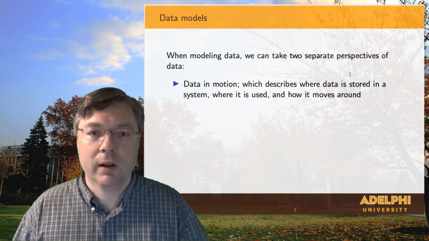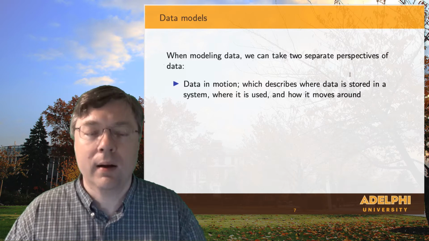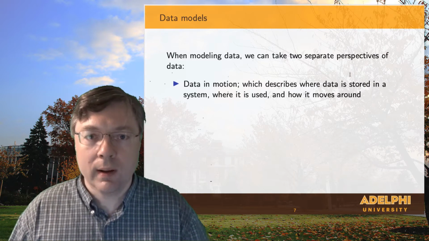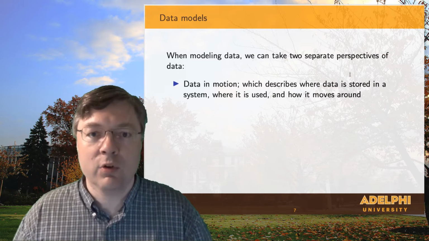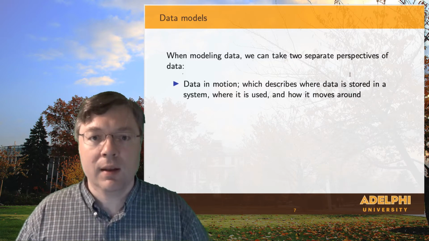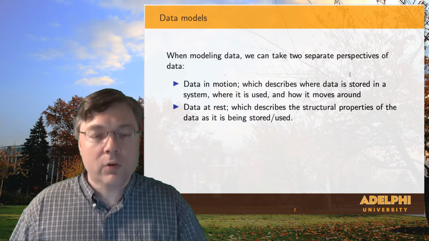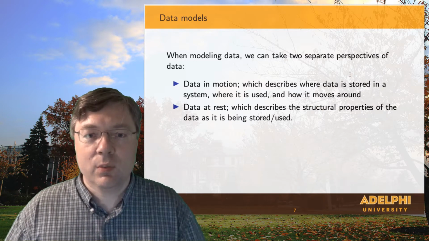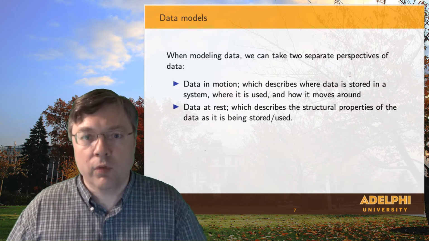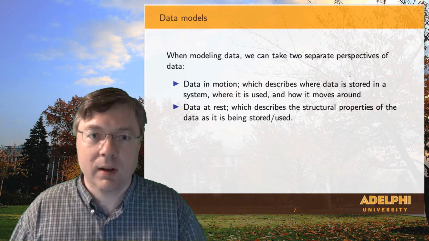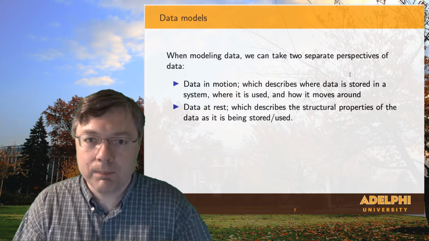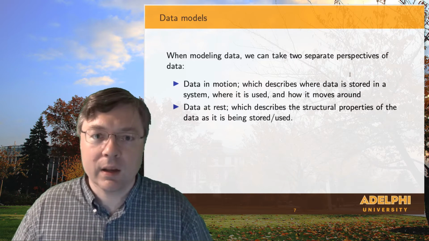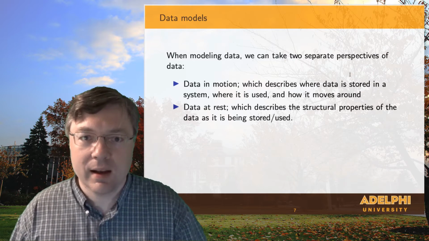And we want to make sure that we know exactly where the data is moving and what is being done with it, but also where it sits in between use, and that is called data at rest. Once we know where the data sits when it is not being used, so for that persistence that we get from a database, we have to figure out how that data is formatted. What does it look like? What attributes does that data have?